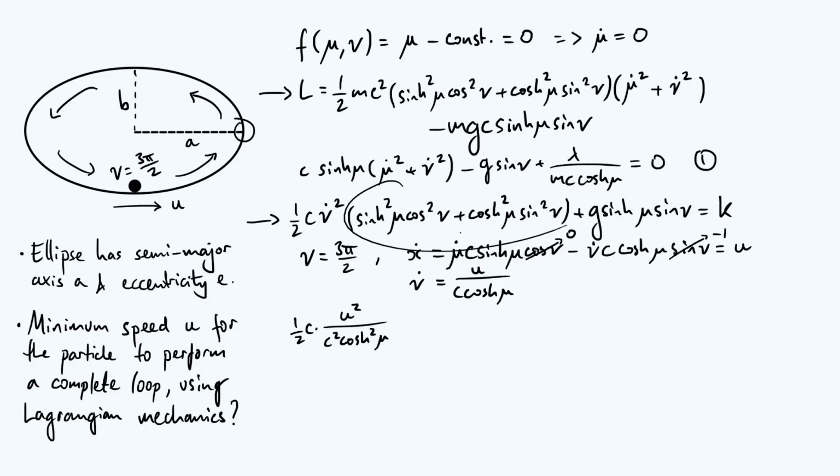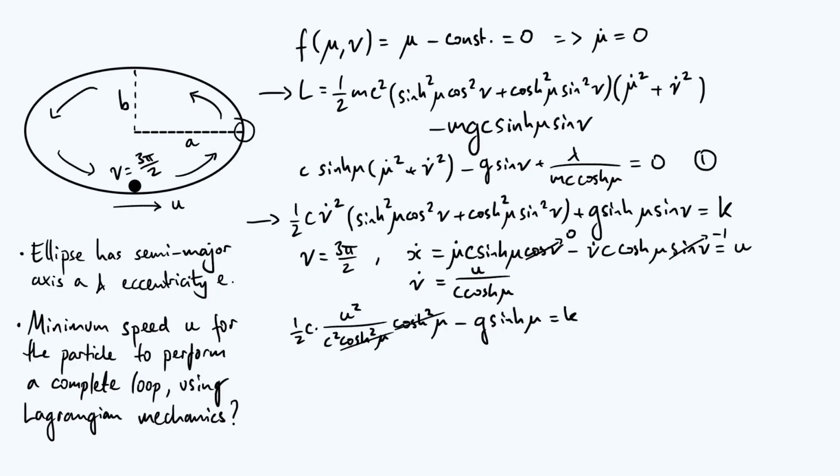Well, again, remember that cos of 3 pi over 2 is 0, so that bit would disappear. Sine of 3 pi over 2 is minus 1, so when you square it, you get 1. And so the bracketed bit there just reduces to cos squared of mu, quite conveniently. Then the second bit is going to become minus g sine of mu. That's equal to k.